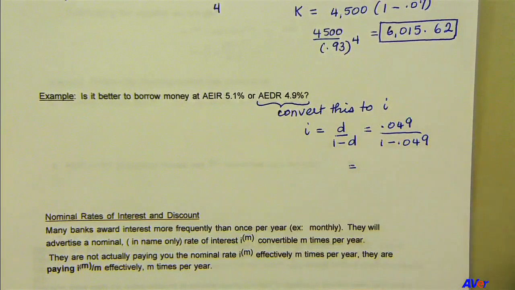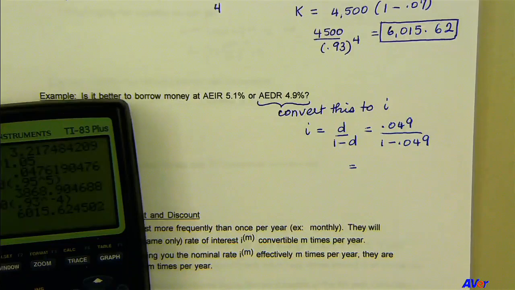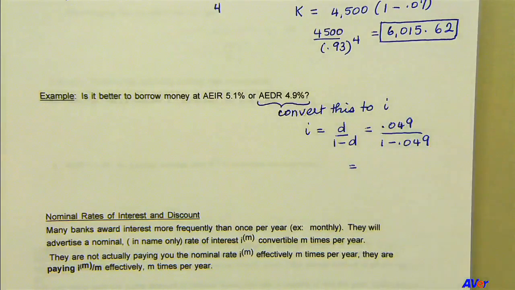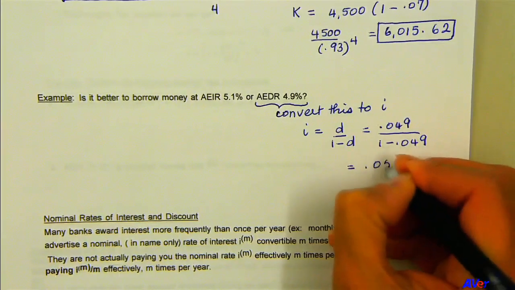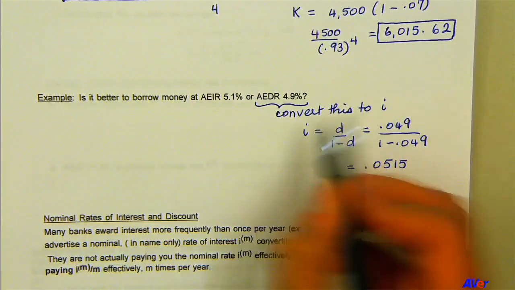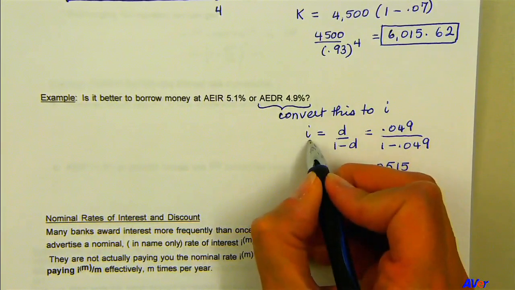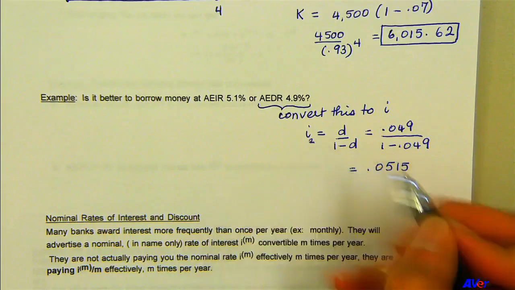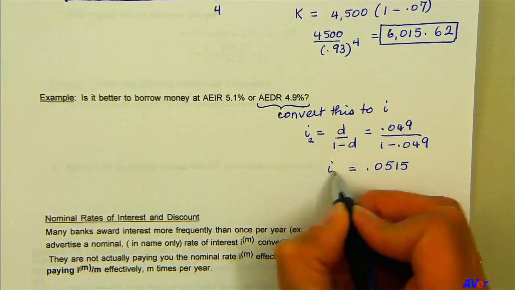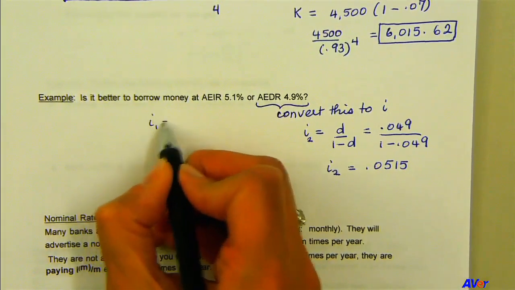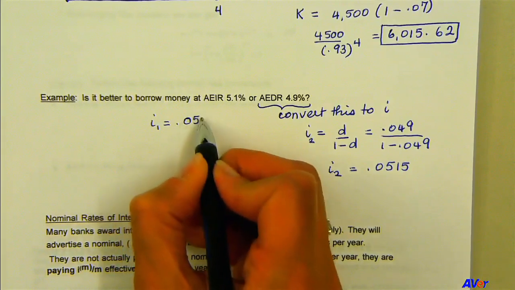This is going to give me 0.0515. So let's call this i2, and i1 was 0.051.